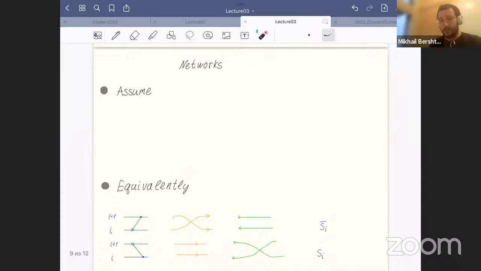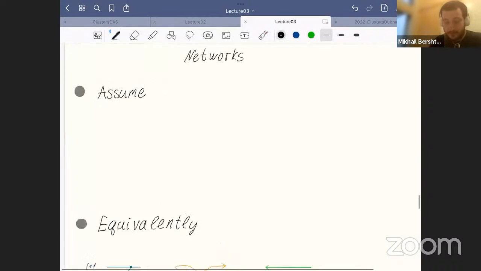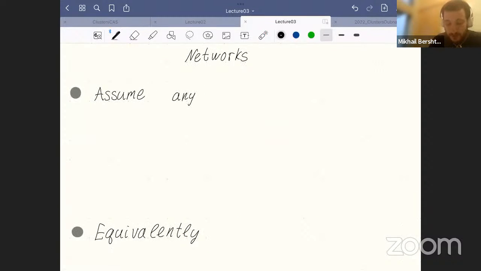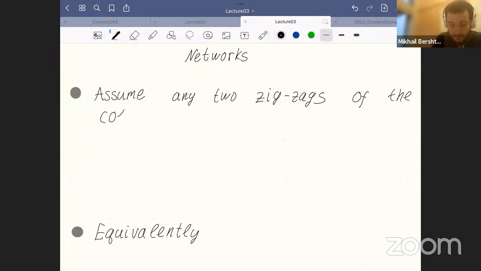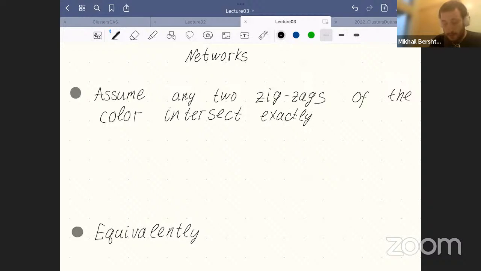Now, in principle, one can study any diagram like this, but we will assume the following property: any two zigzags of the same color intersect exactly once.